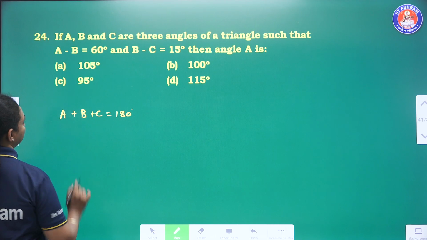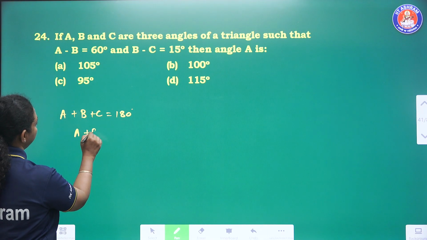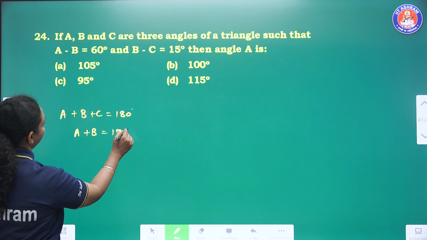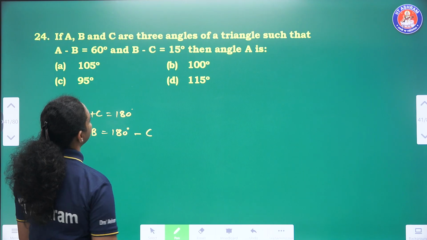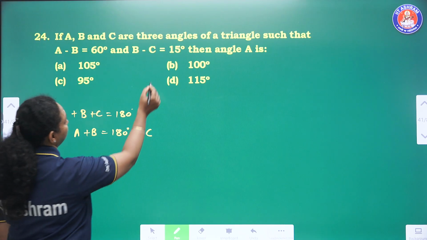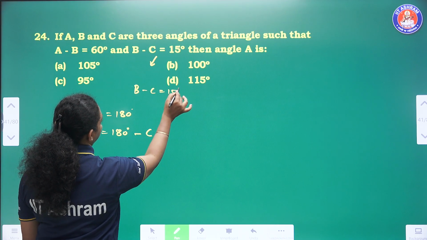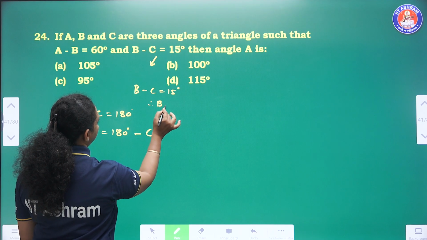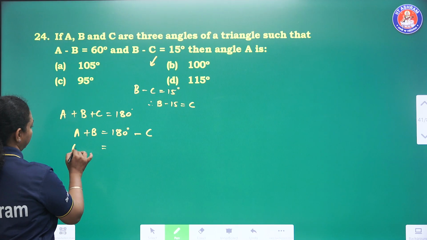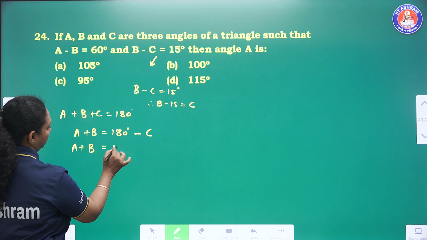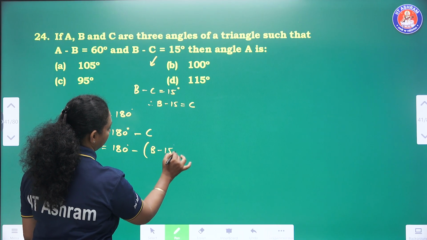We don't know what A plus B is, but we can write that A plus B is equal to 180 degree minus angle C. And what is the value of C from here? It is given that B minus C is equal to 15 degree. Therefore, B minus 15 degree is equal to angle C. So we can write that A plus B is equal to 180 degree minus B minus 15.